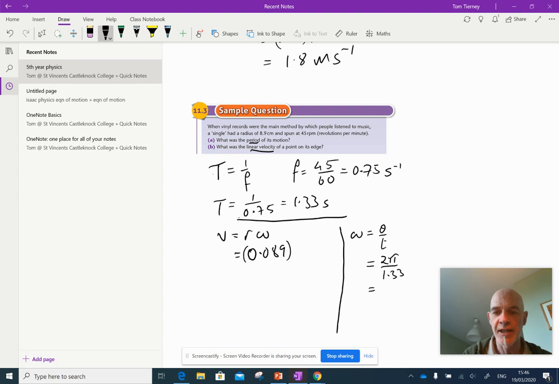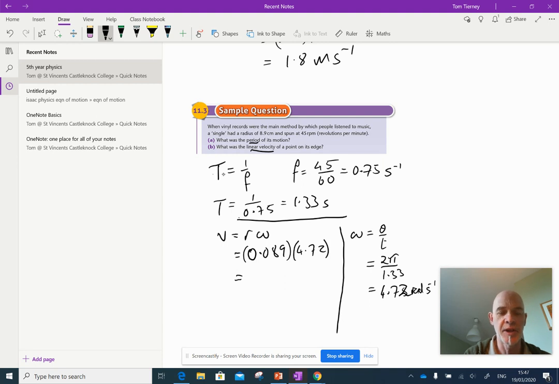So we can say that omega, 2 pi divided by 1.33, is 4.72 radians per second. Omega is 4.72. So we can put that back in over here.